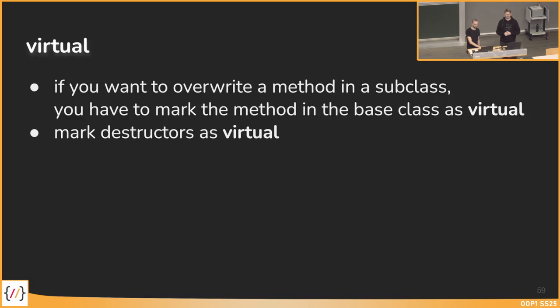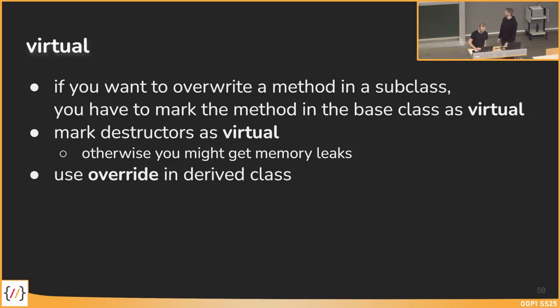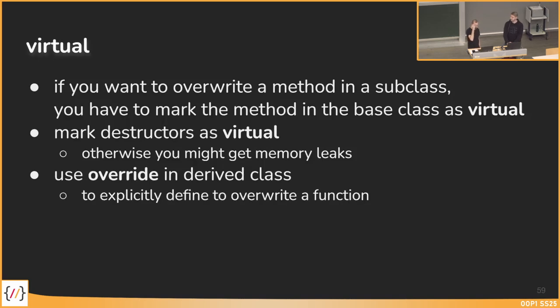Okay, so virtual. If we want to override a method in a subclass, you have to mark the method, or the destructor as we have seen, in the base class as virtual. Mark the destructors as virtual, otherwise you might get memory leaks, and also use override because you can explicitly define which function in the base class should be overridden.